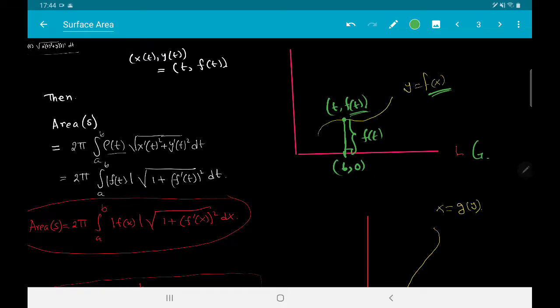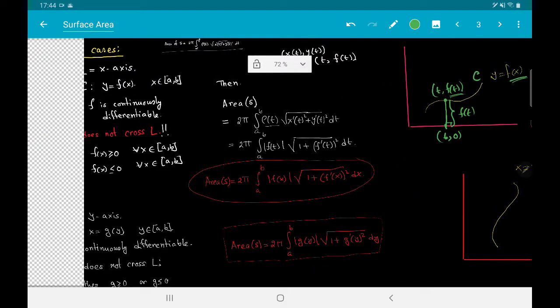One observation is that it could not be the case that f t can take both positive and negative values. It can take either non-negative values or non-positive values because of our condition that the curve C does not cross this line.